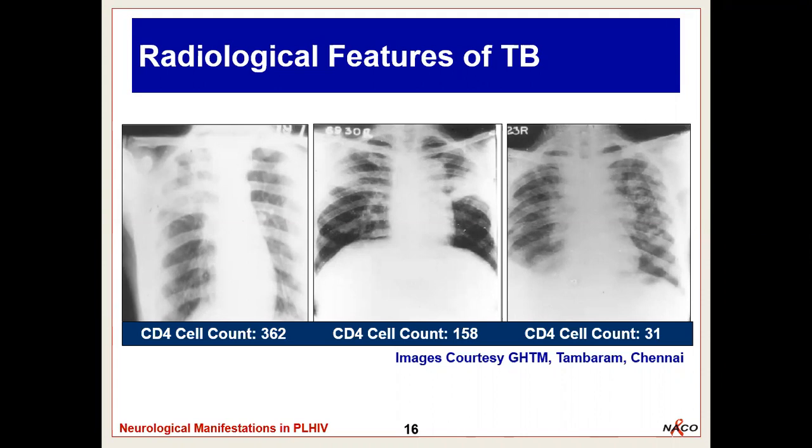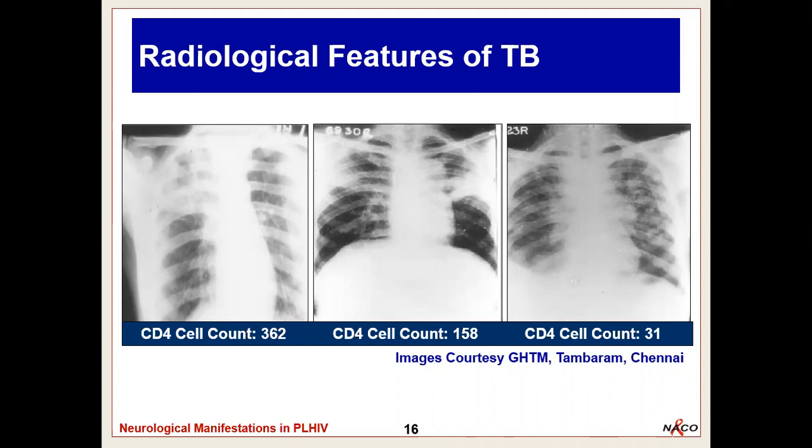On the left side, you see the early stage. CD4 count is 362. A typical post-primary pulmonary TB showing a cavity in the right upper lobe, you see here. In the central X-ray, the CD4 count is 158. It typically shows exudative pulmonary lesions with signs of progression into the mediastinum, and the widened mediastinum is mostly because of the lymph nodes.